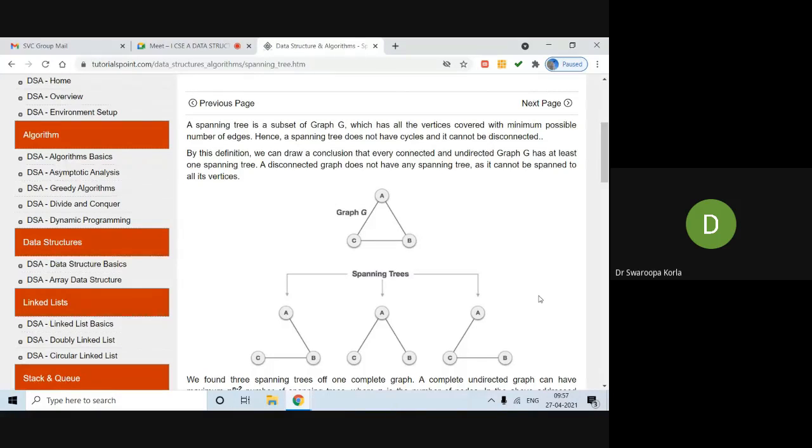In a spanning tree, we have all vertices, but we should be able to cover with the minimum possible number of edges. That is what actually makes a spanning tree different from the graphs topic. And also, a spanning tree does not have any cycles. It cannot be disconnected, but a spanning tree should not have a cycle.